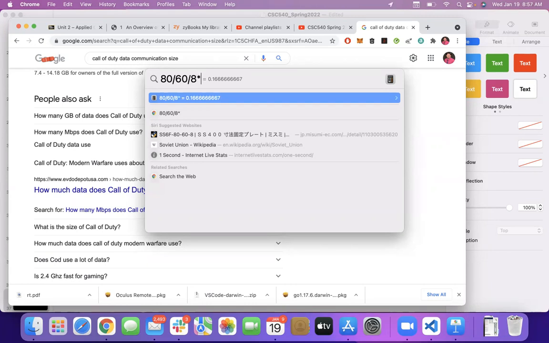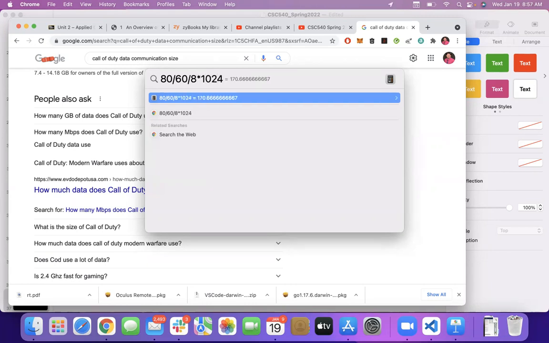I'm going to multiply that by 1,024, so that gets us kilobytes per minute. Then I'm going to divide that by 60, so that gets us 2.84 kilobytes every 1 second. Who knows how true this number is, but let's just operate as if it is true.